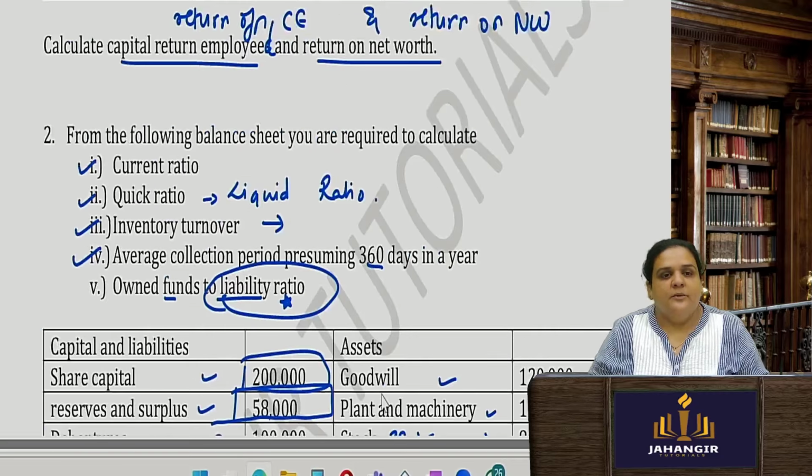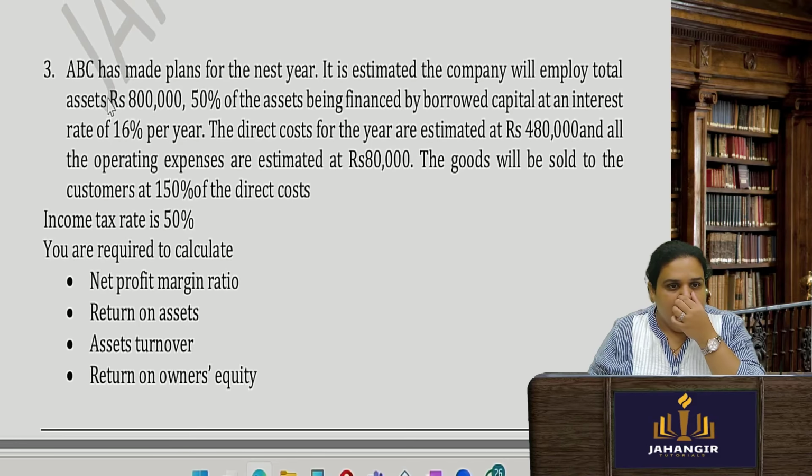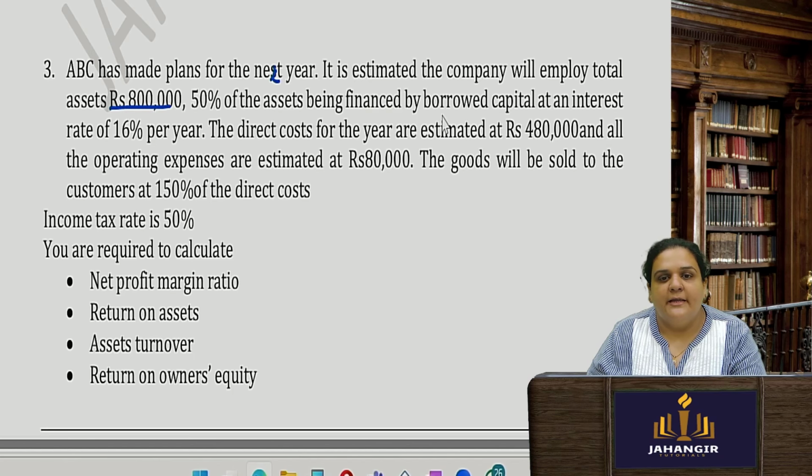Okay, so this question is now over. Done. Now coming to question number 3. ABC has made plans for the next year. It is estimated the company will employ total assets of rupees 8 lakhs. 50% of these assets will be financed by borrowed capital with an interest rate of 16% per year.